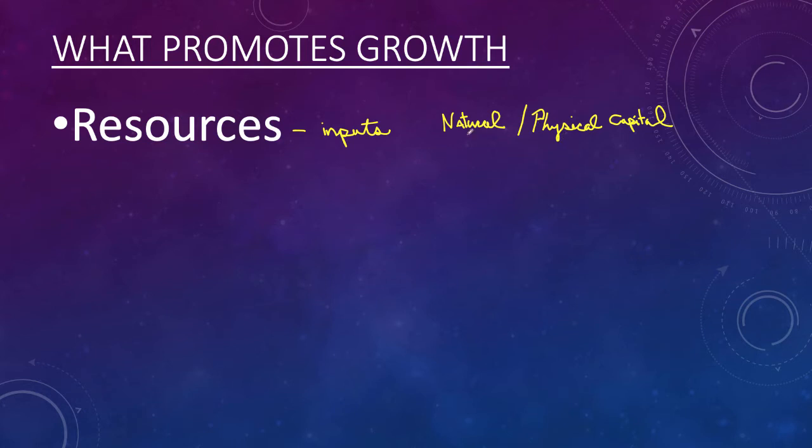Physical capital tended to be the focus of economic growth, I would say, from the 1940s through probably the 1960s or so. Economists were really, really interested in how physical capital played into economic growth. And so there were attempts, or you might even call them experiments, where huge amounts of physical capital were sent to poor countries to help them to grow.